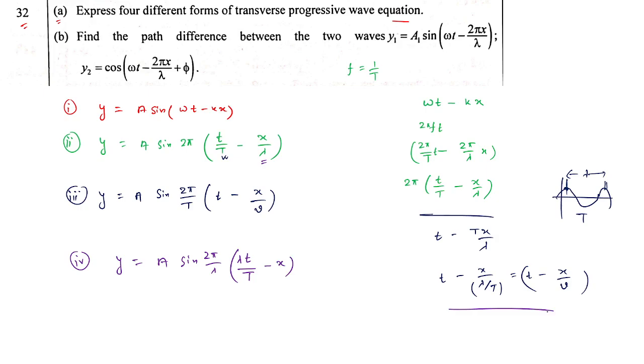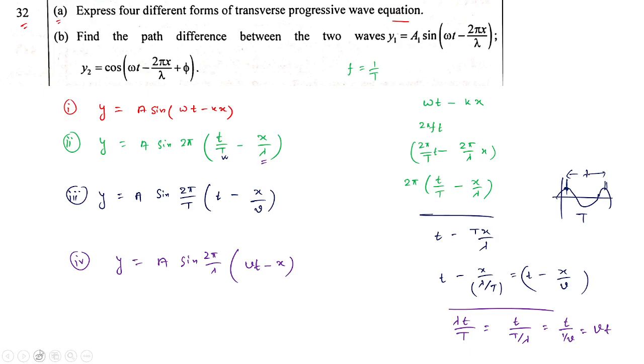Now let's check λt/T. We can write it as t divided by T/λ, so this is t divided by 1/v. So this is actually vt, correct? So we will write it as vt. So these are the four forms of a transverse progressive wave.